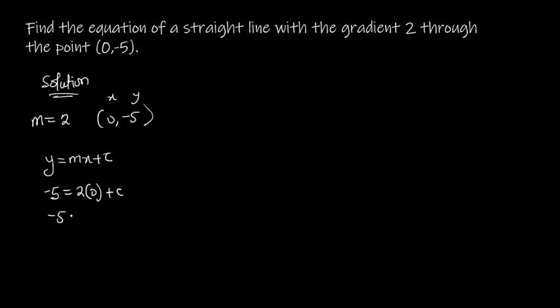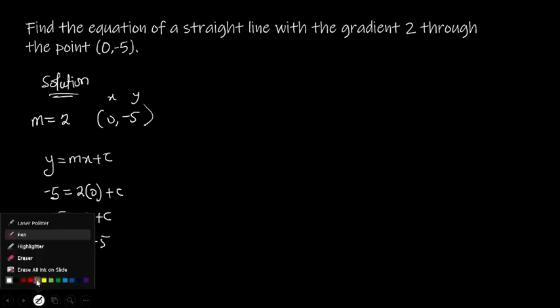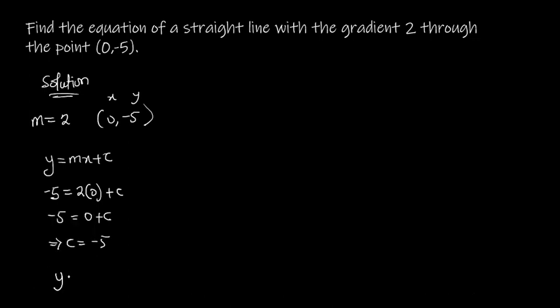So -5 is equal to 2 multiplied by 0, which is 0, plus c. Therefore c is equal to -5. From here, the equation of my straight line is y is equal to m, which is the gradient, 2, x, and my constant is -5. So y = 2x - 5 becomes my equation of the straight line.